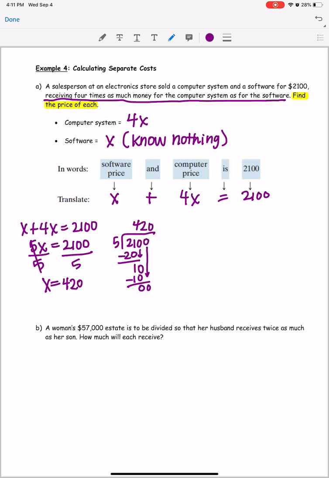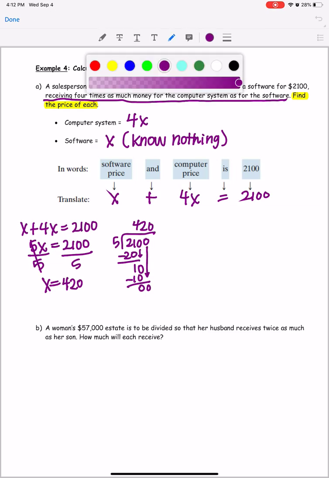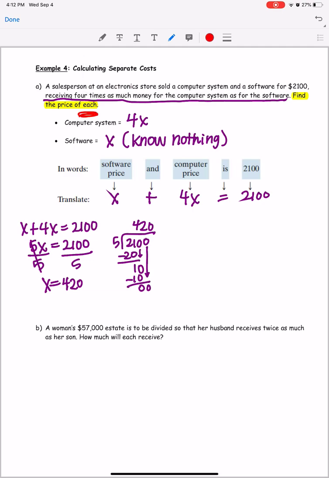Now, plug these in. Because we want to know the price of each, plug these into these right here. So that we got 4X, so that's 4 times whatever my X is. My X in this one is 420. So 4 times 420.